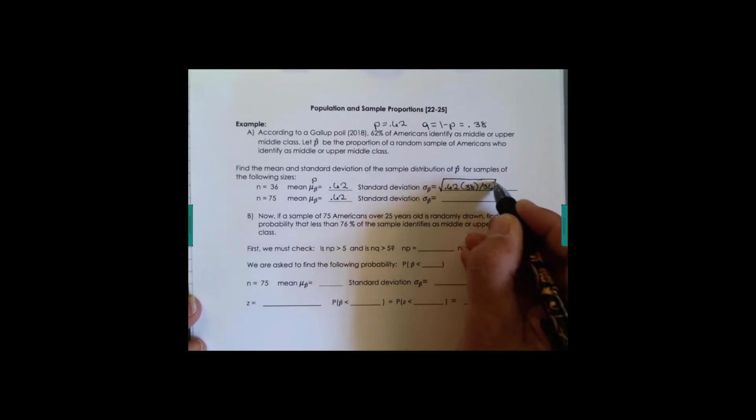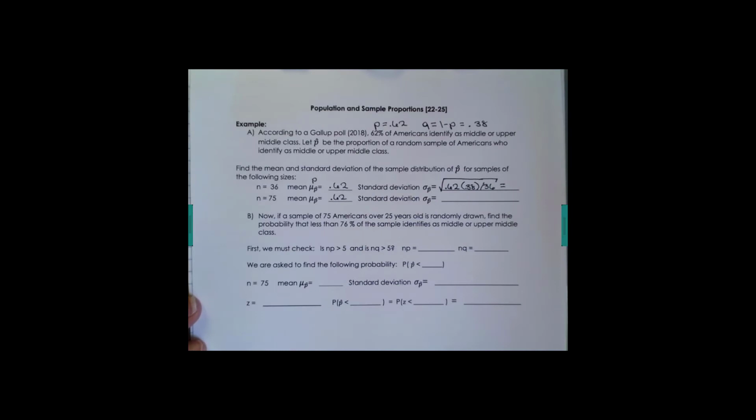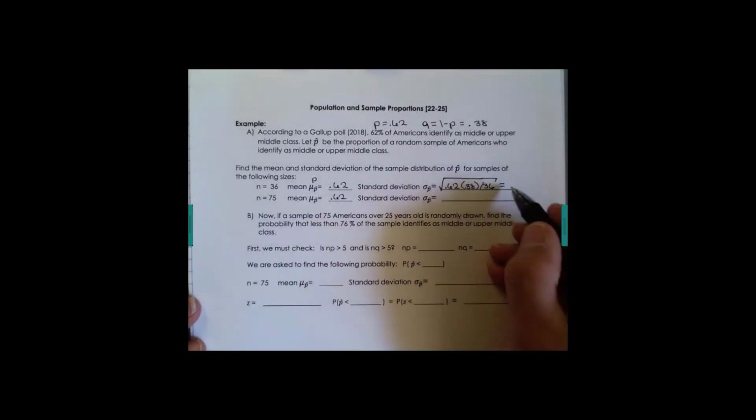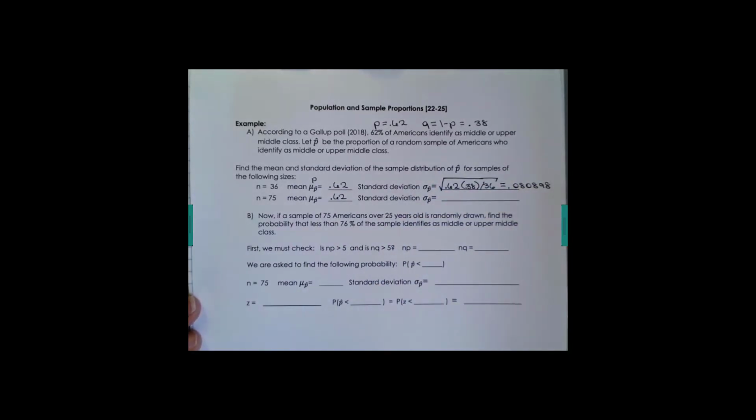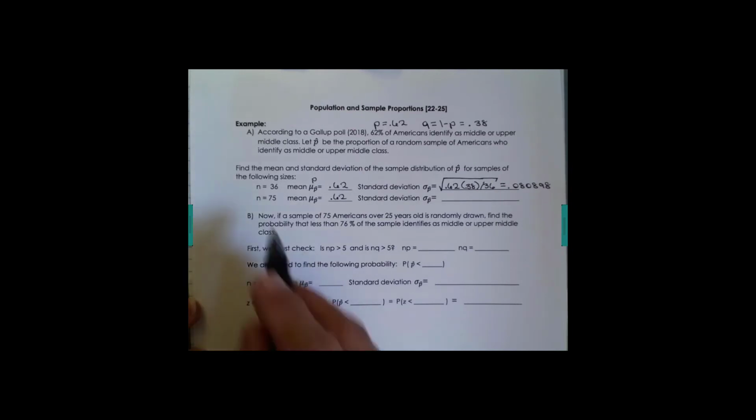All of that is under the radical sign. And for proportion standard deviations, I'm going to suggest you take them to at least 6 decimal places, because proportions have lots of decimals in them and you need all the precision you can get. So I came up with 0.080898.